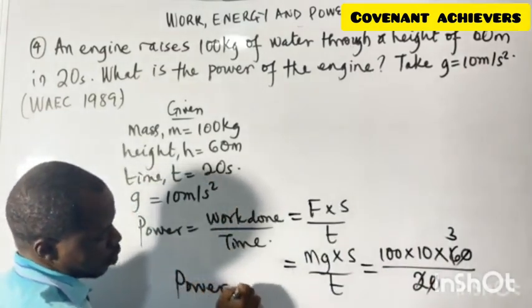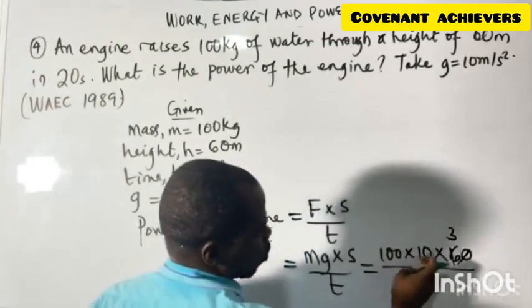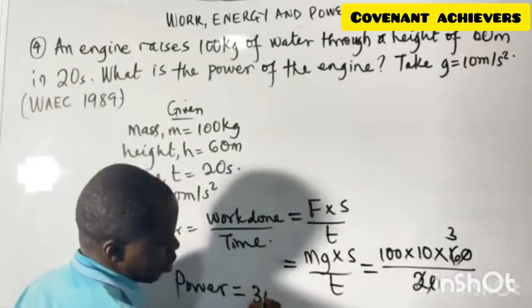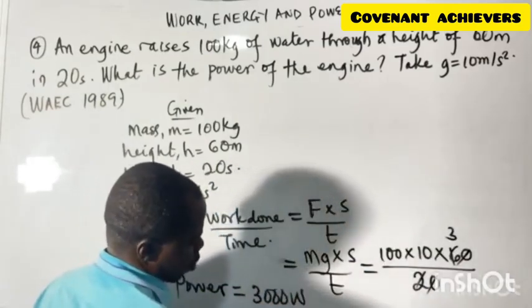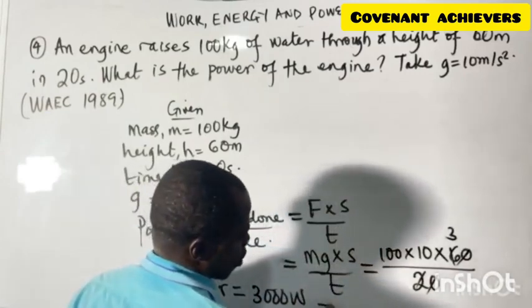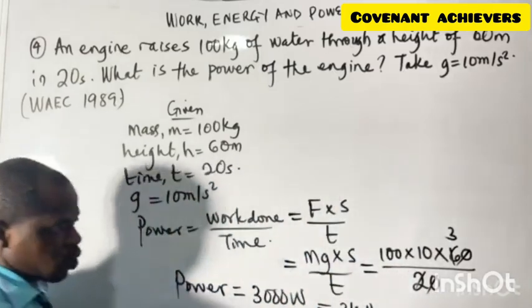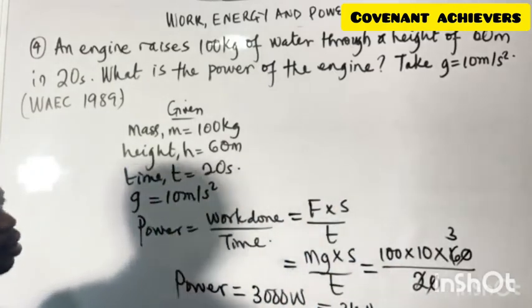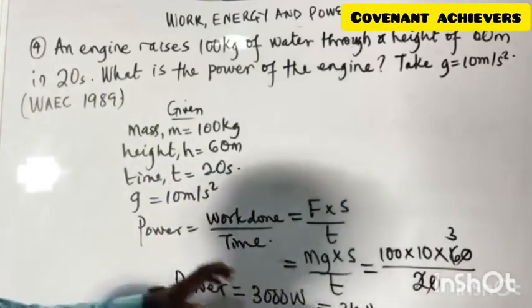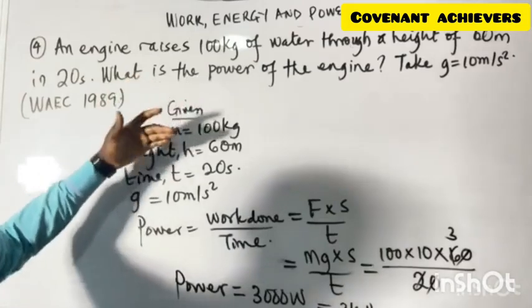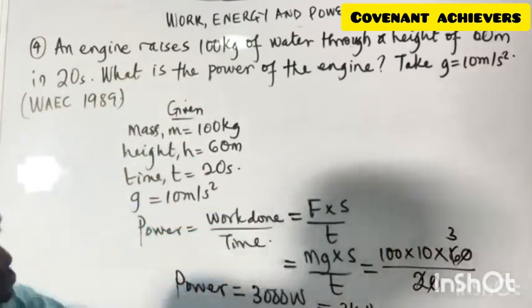Therefore the power is 1000 times 3, that's 3000 watts, or 3 kilowatts. So that's how we solve the question, as simple as it is. Look at the question and look at the step-by-step way of solving it.